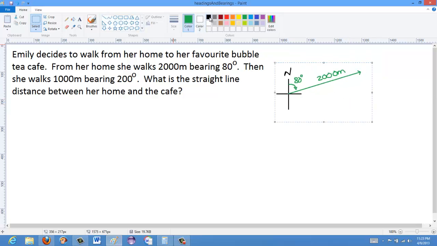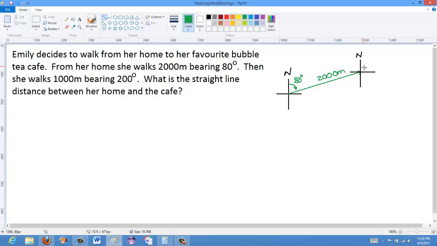Then we're going to create a new reference point from this second point here. I should have made that a little bit bigger. Once again, it doesn't matter if you're 100% accurate here, because we're just making a little diagram to help us understand all the different pathways. From here she then walks 1,000 meters on a bearing of 200 degrees.